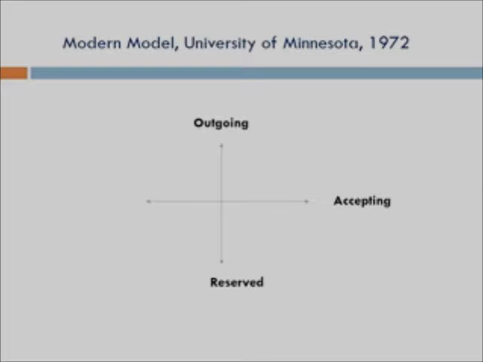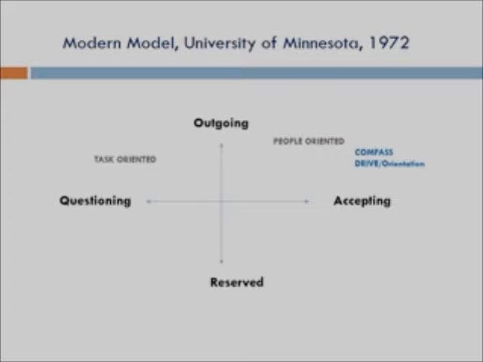On the other hand, looking at another quadrant, are they more accepting, i.e. positive, optimistic about the way things are going, or are they more negative?